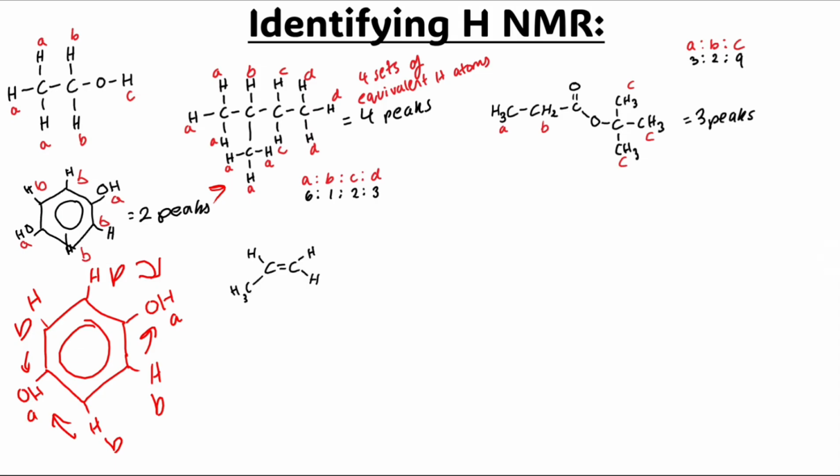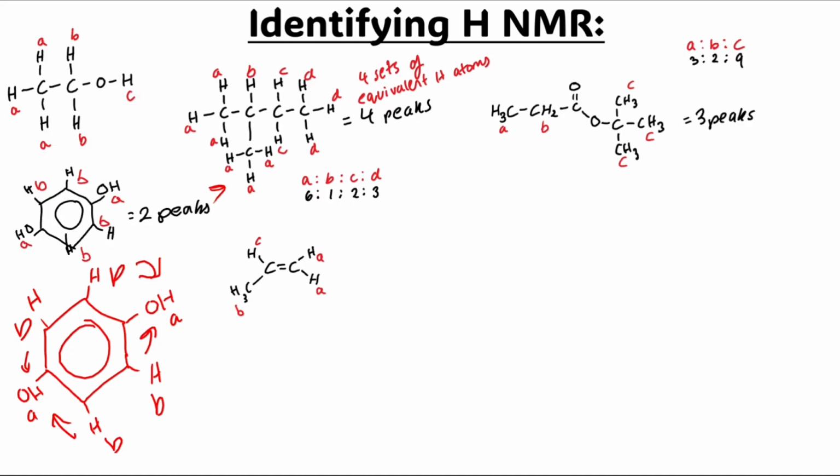And then this last one we're going to do. I'm going to start from right to left. Those 2 hydrogens on the right carbon are definitely the same. And this top hydrogen, which is C, is different.